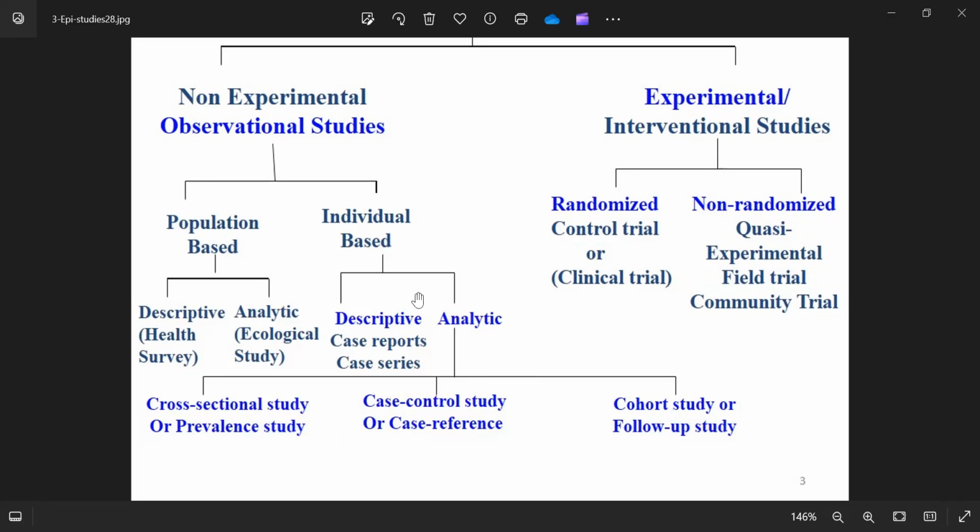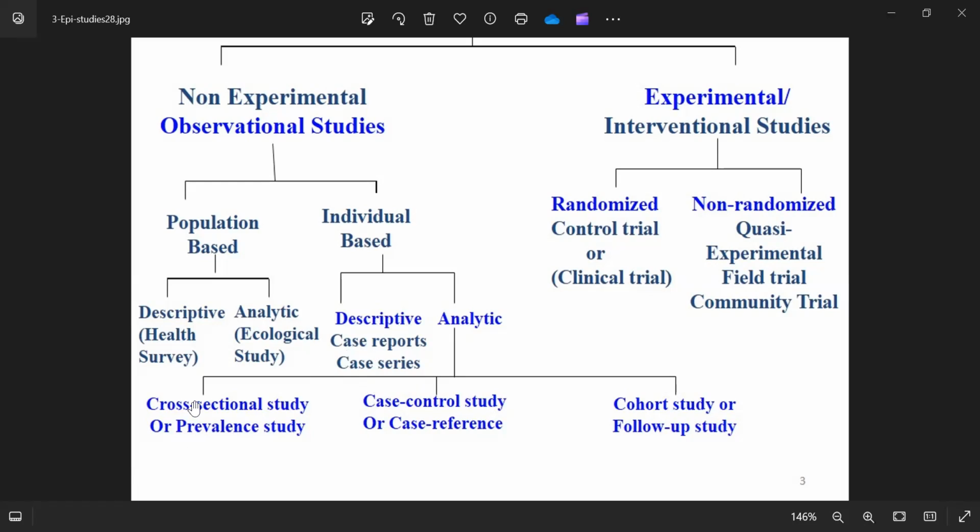Under this cross-sectional study design, we also have cross-sectional study design under descriptive. But what I want you to understand is that cross-sectional study design is a snapshot that only captures once, and it shows the prevalence.